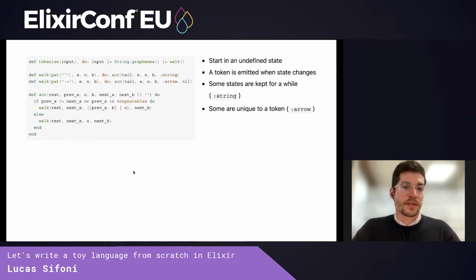So when the state changes, I emit a token. The thing to watch for is, are we inside some long token, like inside a string or a number, or do we have some short token, like this arrow, which emits directly?